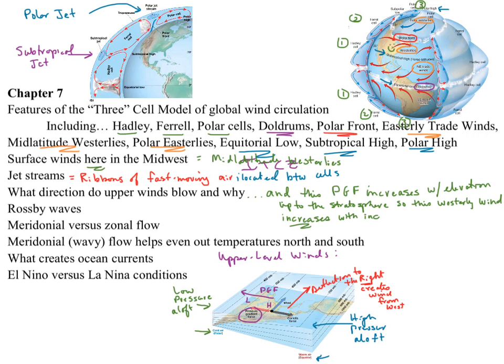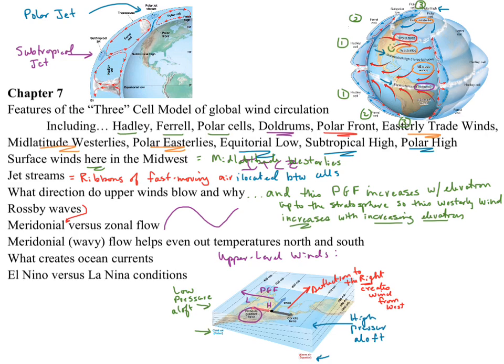We call that geostrophic wind. Okay, so that's how that works. And my note in green up there is that this pressure gradient force will increase with elevation. And as the pressure gradient force increases, the winds will also increase with elevation up to, as I understand it, the stratosphere.